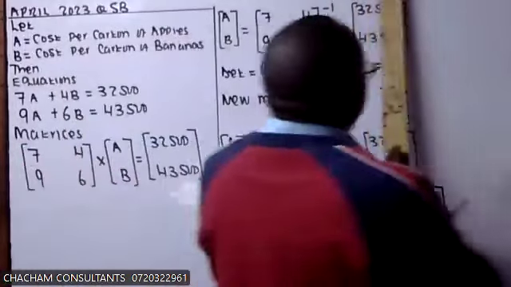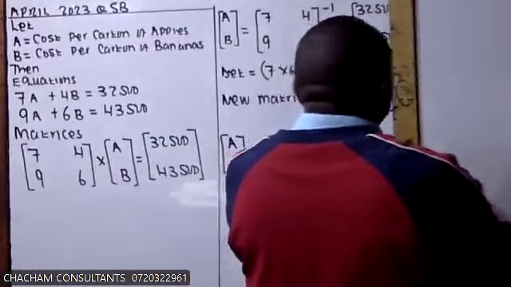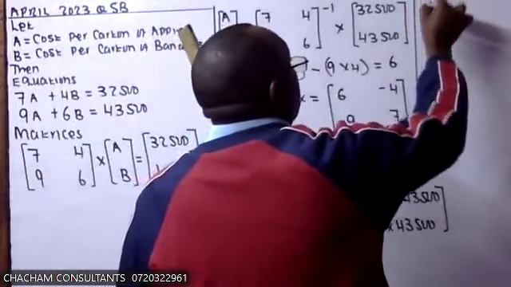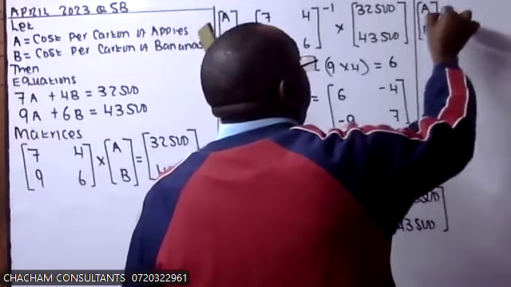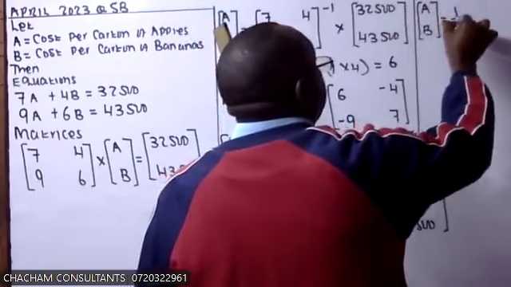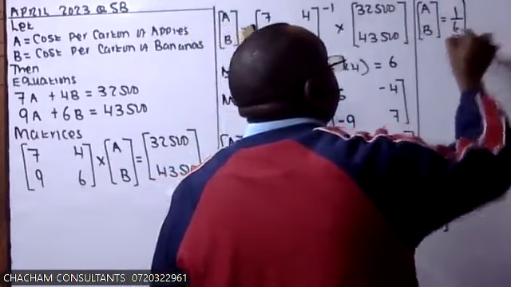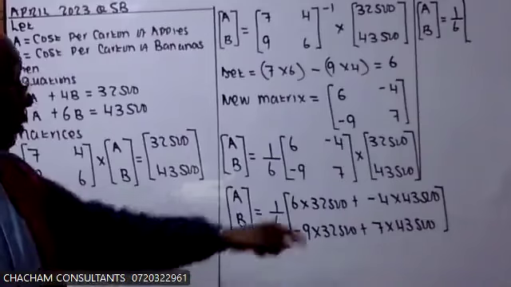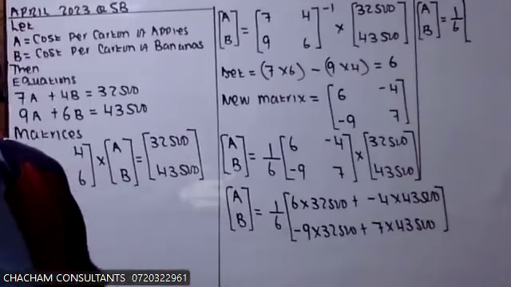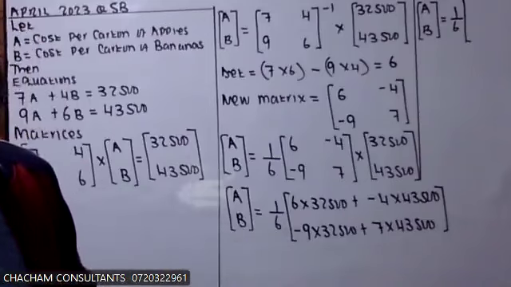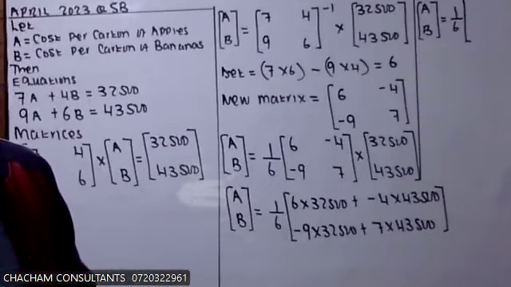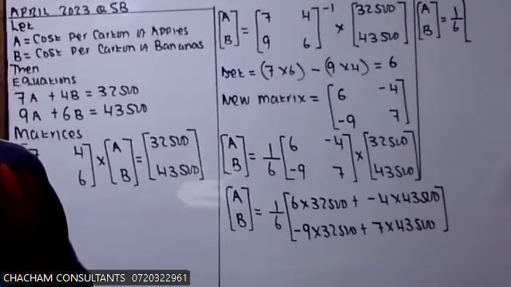So this proceeds on to become... we multiply this one. Same as 6 times that 2,500 plus minus 4 times 43,500.